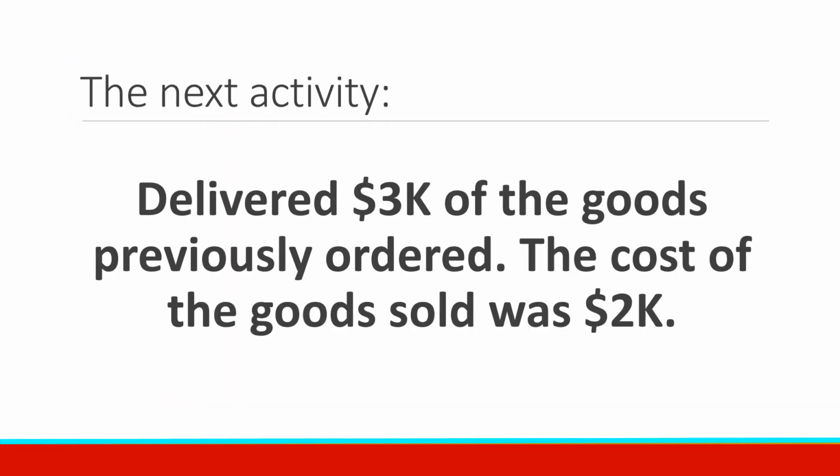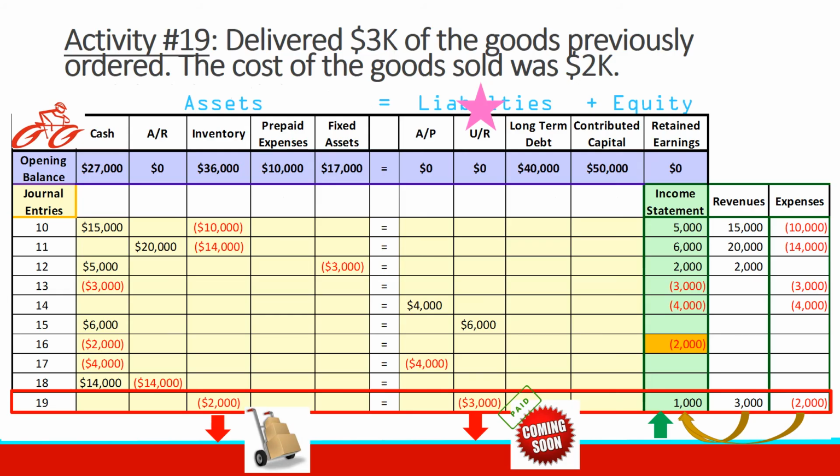And now we're going to deliver 3,000 of the goods previously ordered from us, and the cost of the goods that we're delivering is $2,000. So what we can see occurring here, let's start with the expense side, which is we have inventory of $2,000 leaving, and we've recognized an expense of $2,000. That's the expense portion.